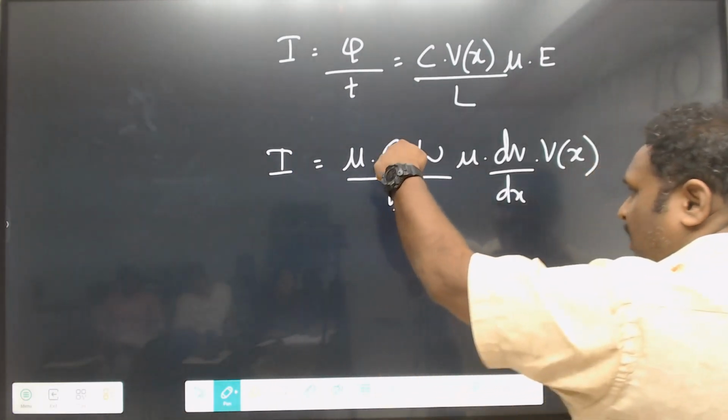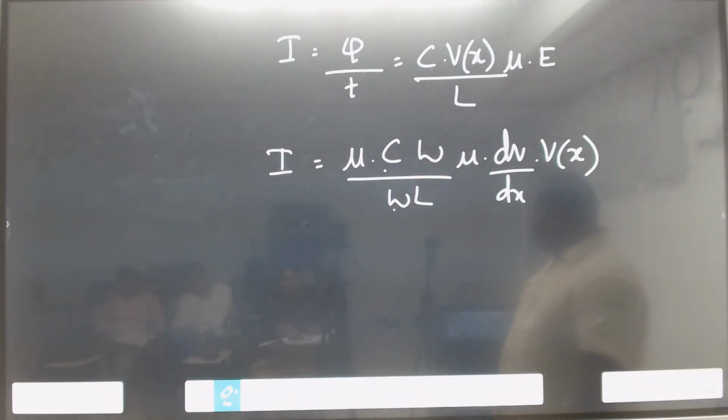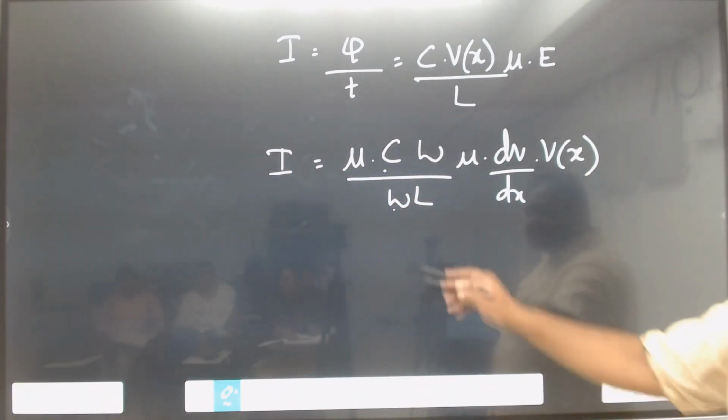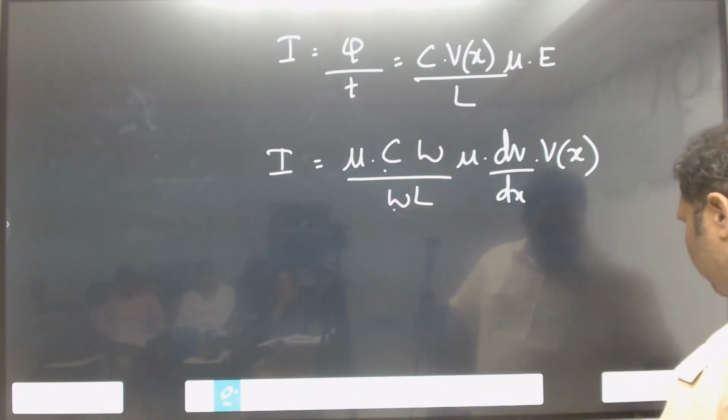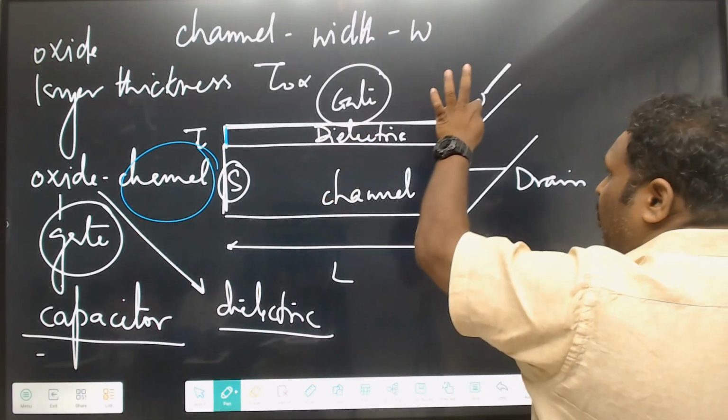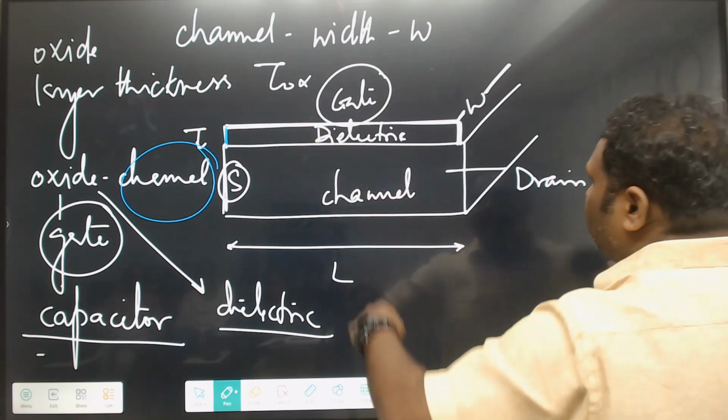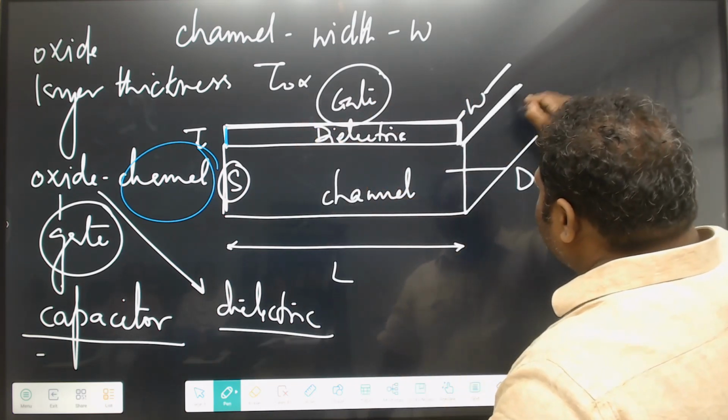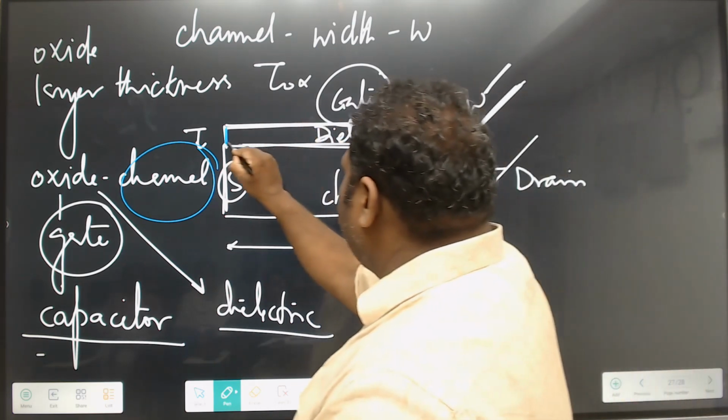So what is this capacitance per unit area called? Capacitance per unit area, W into length, is the area of the plates.